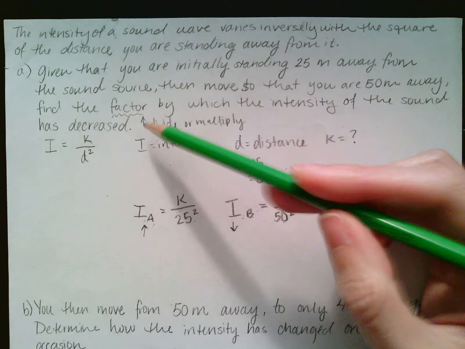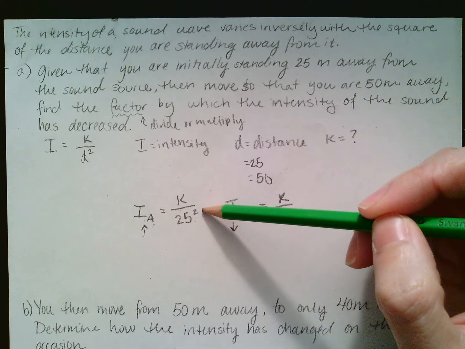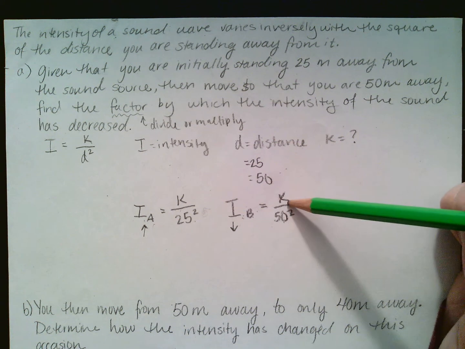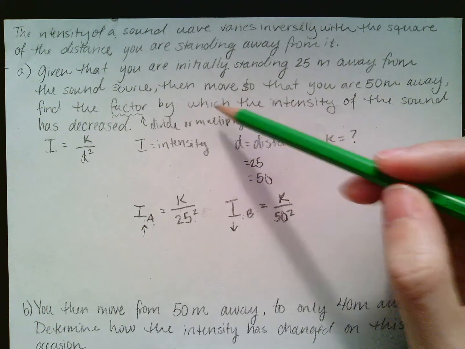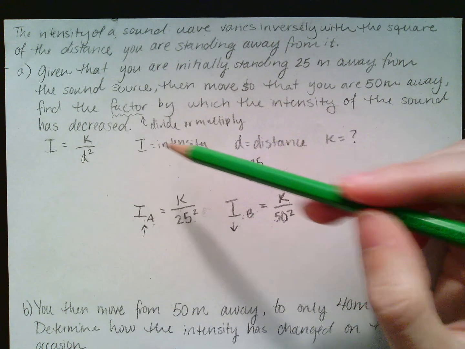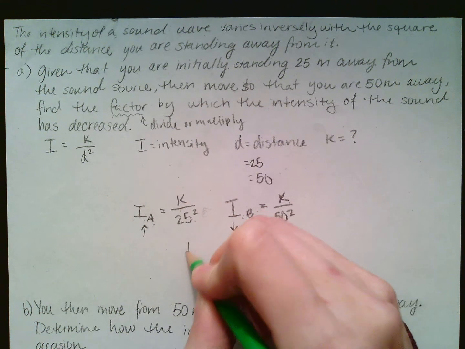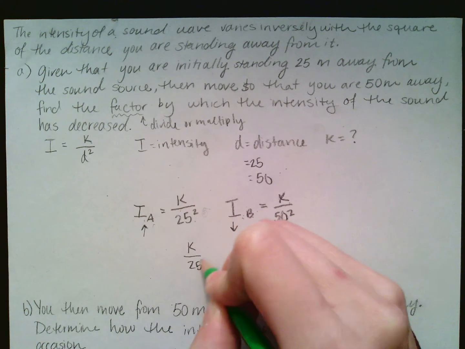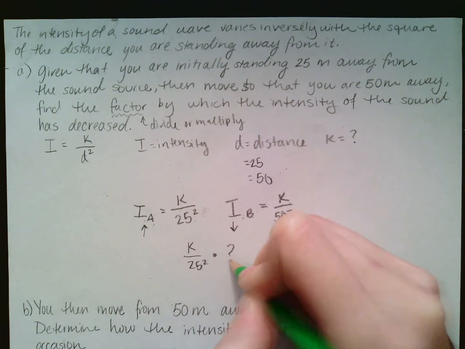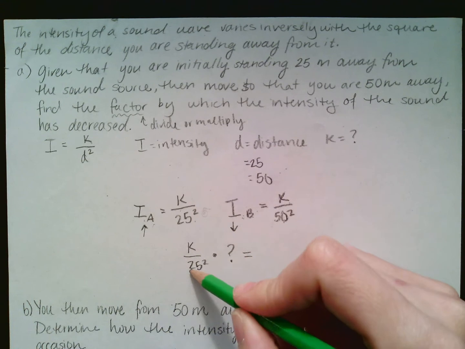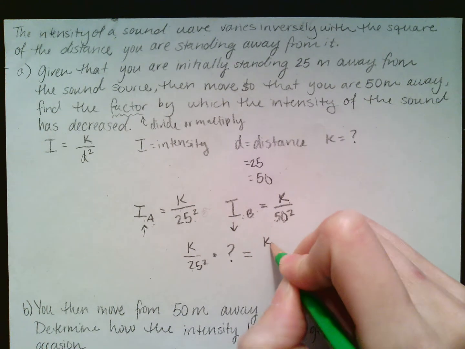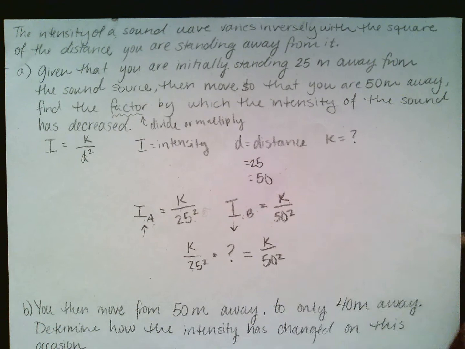Now it says that you started out with this distance and then you moved to this distance, and it asks by what factor. So how much did I multiply this intensity by in order to get to my new intensity?